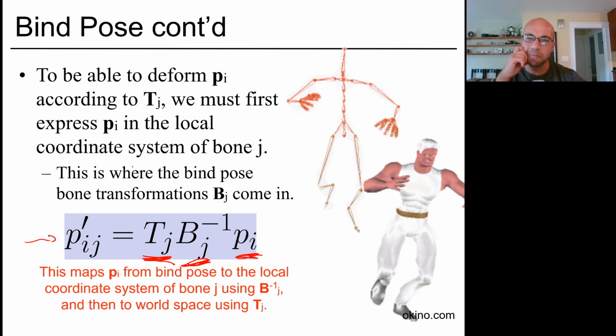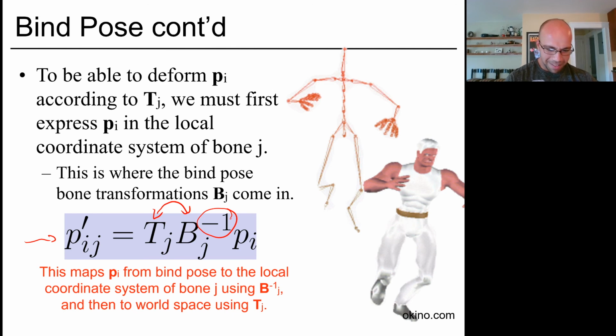If you're looking for sources of bugs in your code, you're staring at them here. There are two things that are very typical to get wrong on your homework. One is the ordering: does Tj go first or does Bj go first? And which one is the inverse? Remember, two lectures ago I advised you to think about matrices as little functions of code.